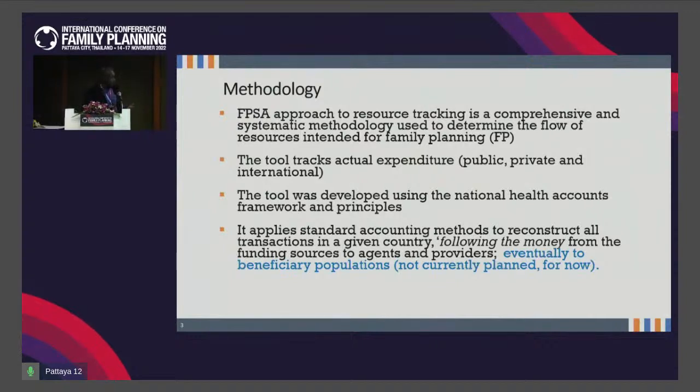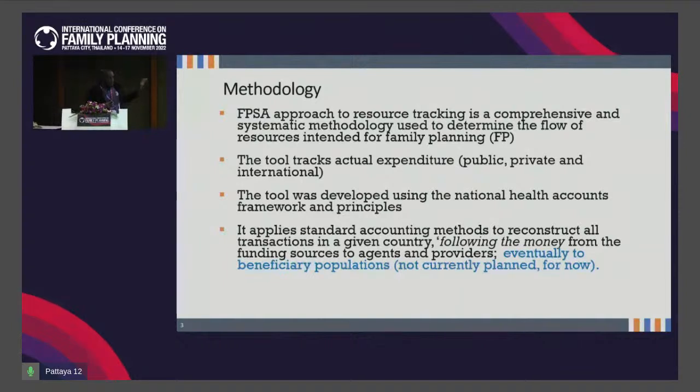Now, this tool was adapted from the National Health Accounts, and specifically, we also made use of what we call the National AIDS Spending Assessment, which is a methodology that is used to track expenditure for HIV and AIDS interventions.